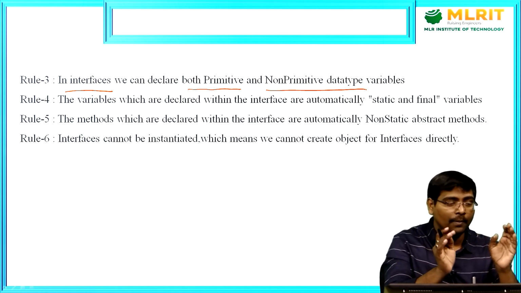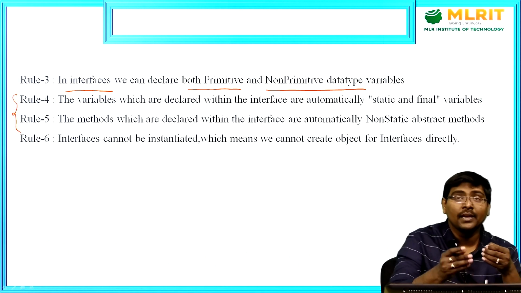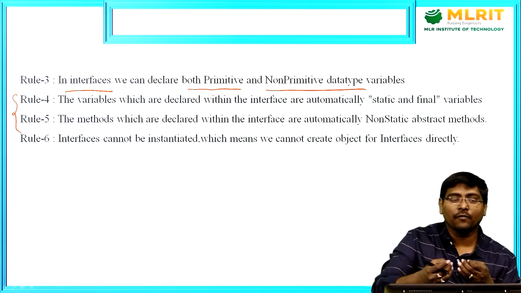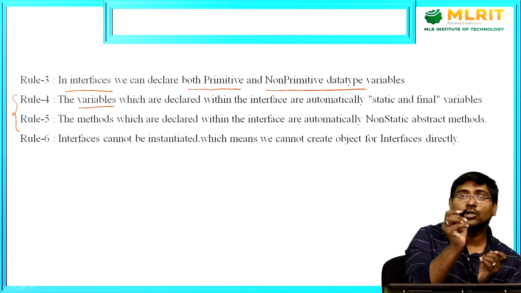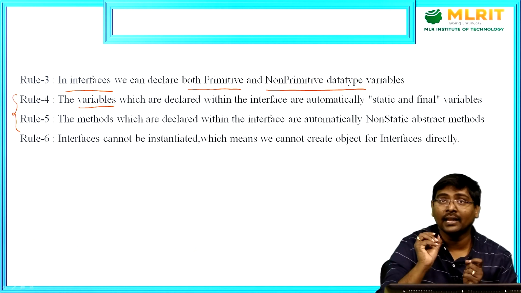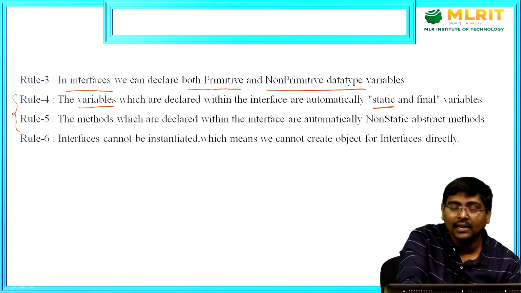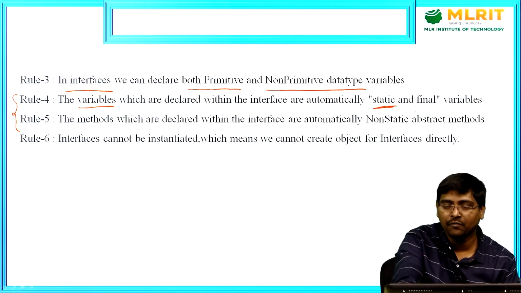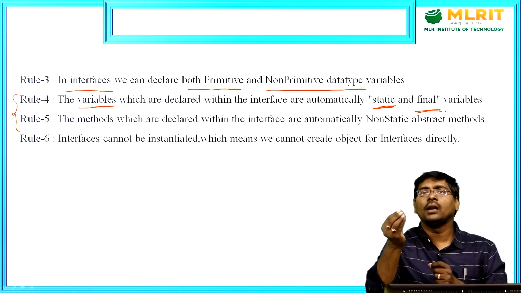Now, coming to the two most important rules. Within the interface, we are declaring variables. Whatever variables we declare in the interface are automatically static and final. Anyway, you know what final is: constant.